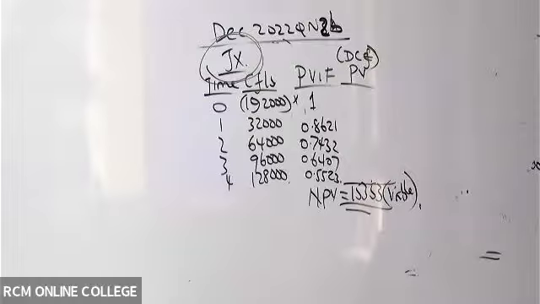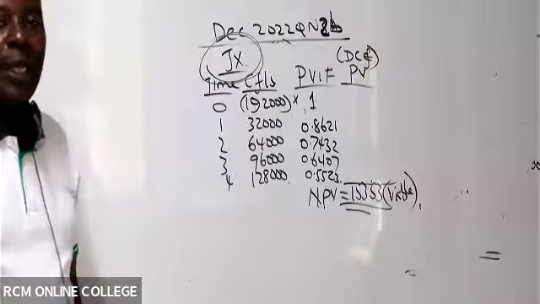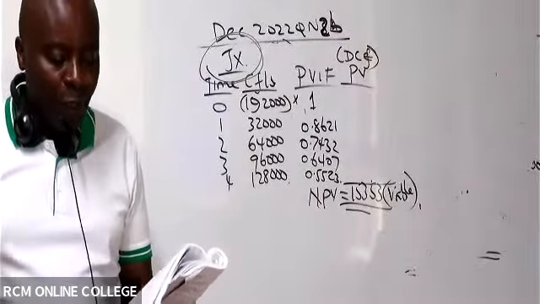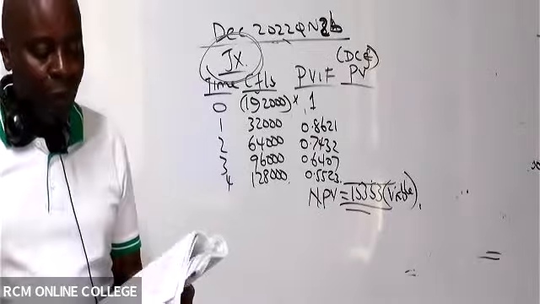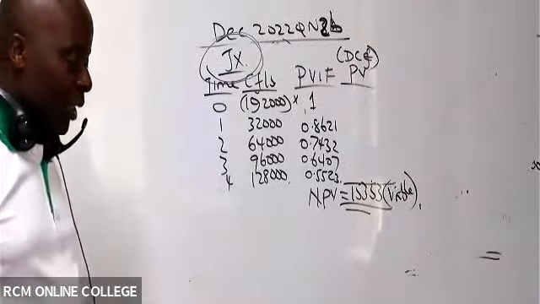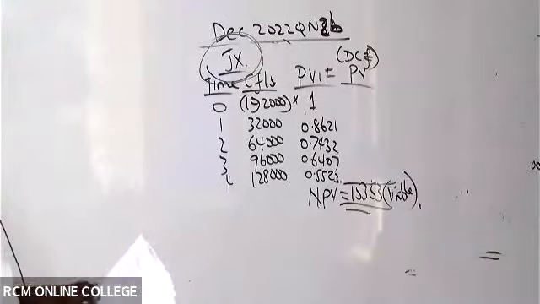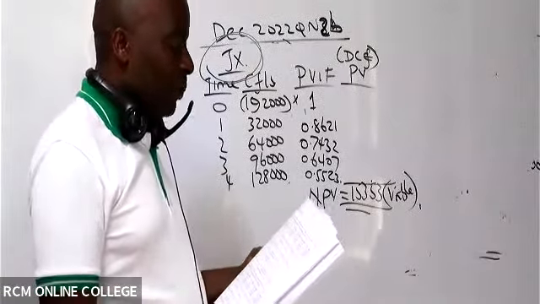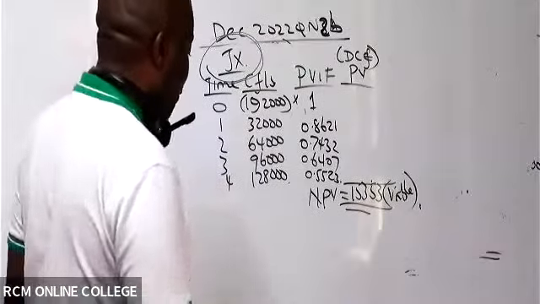Accounting rate of return is based on operating profit, which is computed by adding back depreciation to net cash inflows.